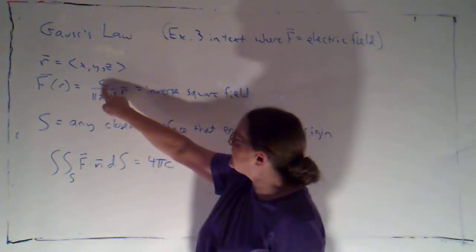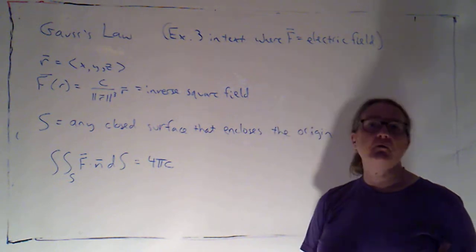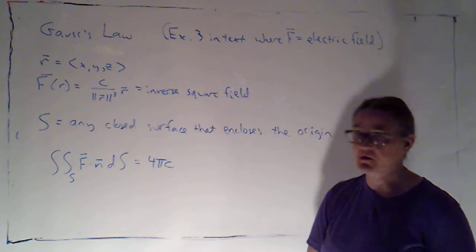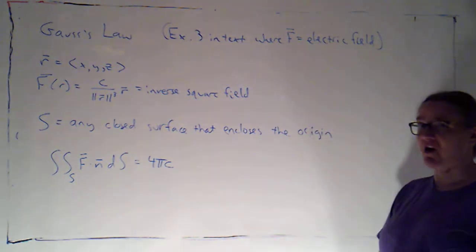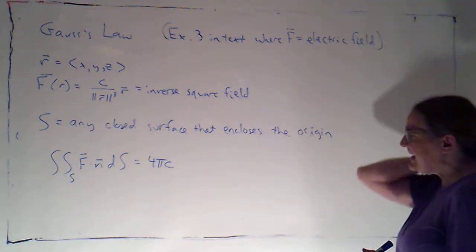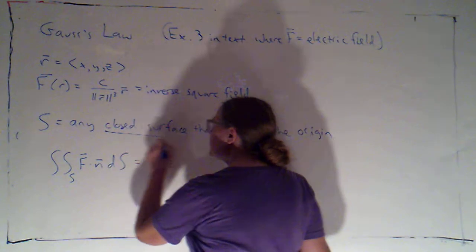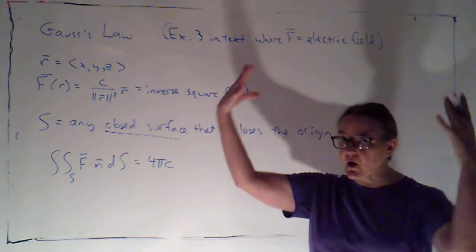Depending on whether C is a positive or a negative constant, an inverse square field will always be acting either straight away from the origin or directly towards the origin. Gauss's law is kind of neat because it says if S is any closed surface that encloses the origin. Now, a closed surface simply means that it's the boundary of a finite solid. So it's not open-ended.